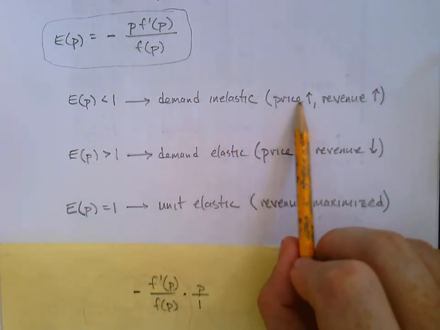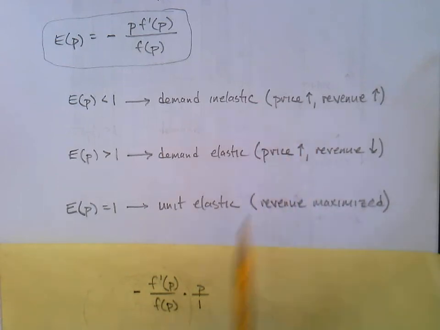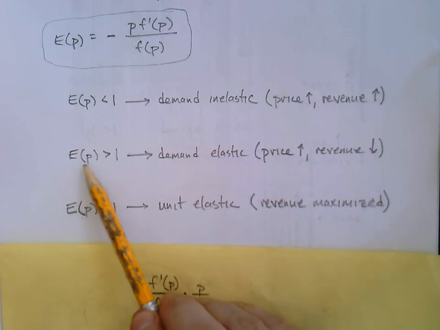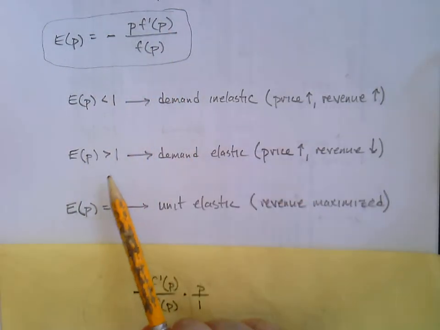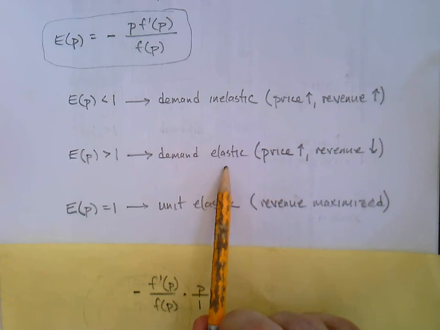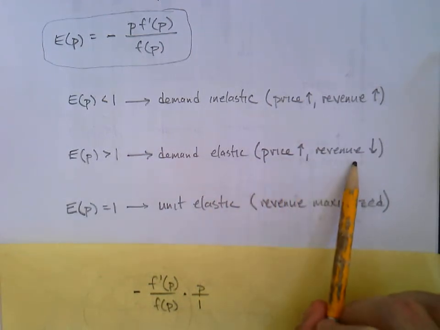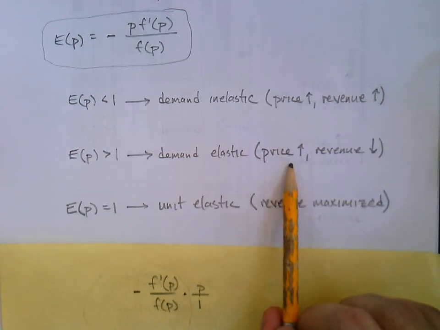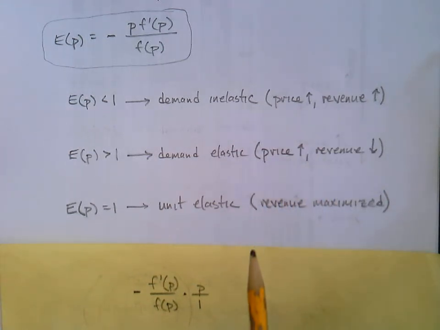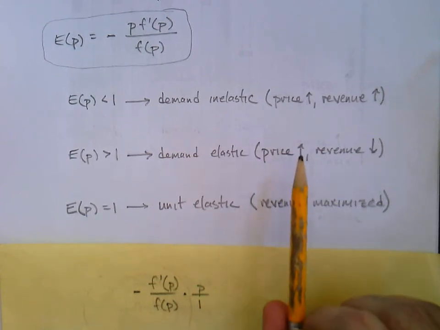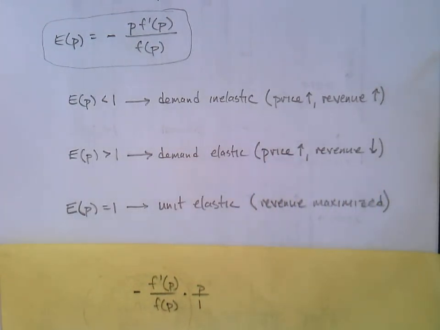If you raise your price, you raise your revenue. Raising the price does not deter very many people from still buying it, and so you end up making more money that way. However, if E of P is greater than 1, you do this whole calculation, you get a number bigger than 1, then we say demand is elastic. There's this kind of springy effect I'm trying to visualize. If you raise your price, then revenue's going to go down. Raising the price deters a lot of people from buying it, and the revenue then will go down.